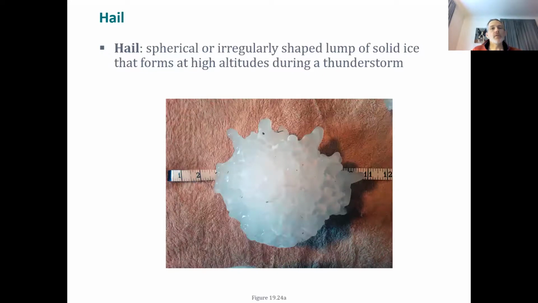Now, when you start looking at the updrafts, they are going to cause particulates of water to get blown up. And so gravity is going to cause those particles of graupel bits of water or ice to fall back down. And so with this air moving up and down, up and down, up and down, those ice particles are going to get bigger and bigger and bigger.